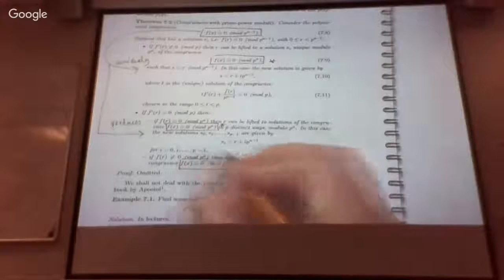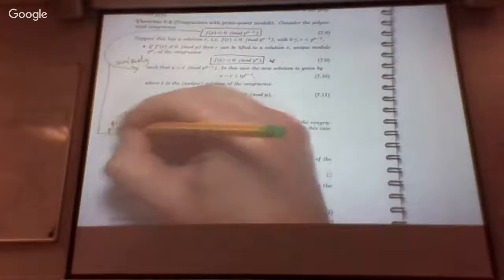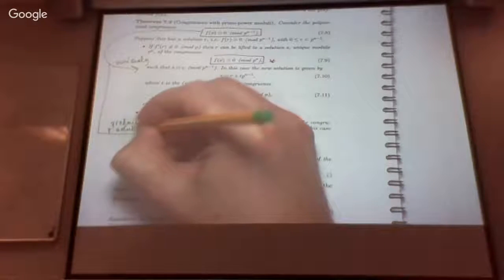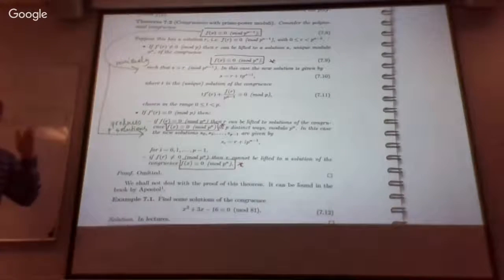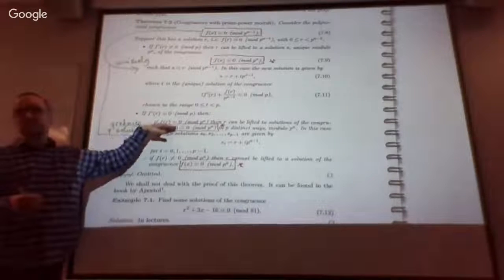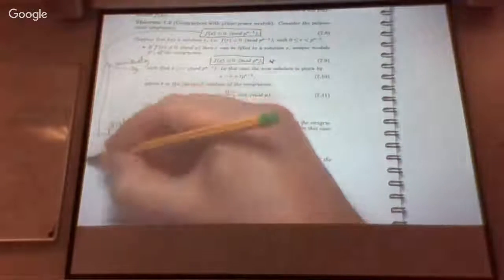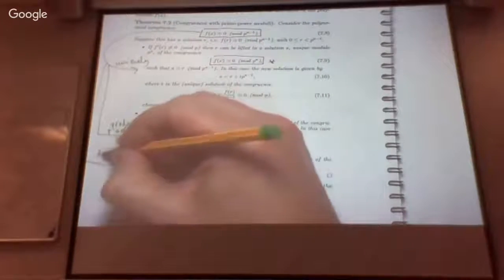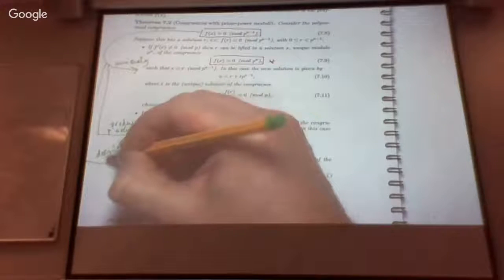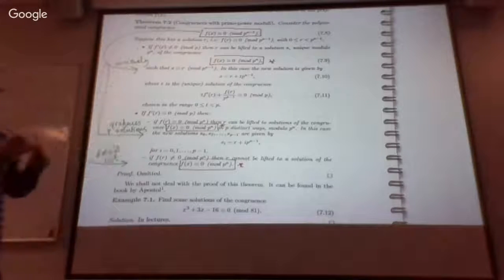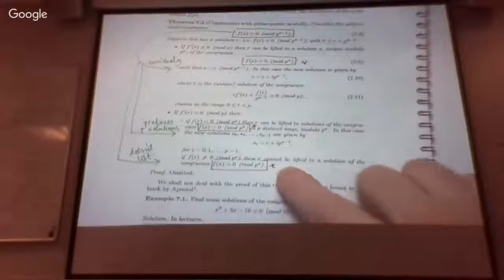Well, in fact, it produces p different solutions. So sometimes the solution you have lifts uniquely. Sometimes it generates multiple solutions, namely p different solutions to the polynomial modulo the next power. And in this last part, it doesn't lift. So the solution you had modulo p to the a minus 1 does not generate an associated solution modulo the next power.